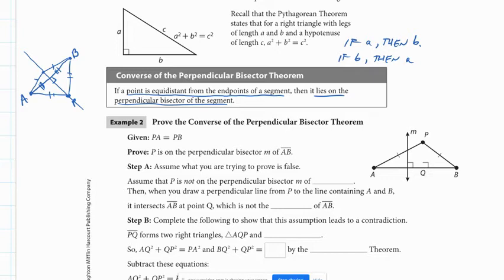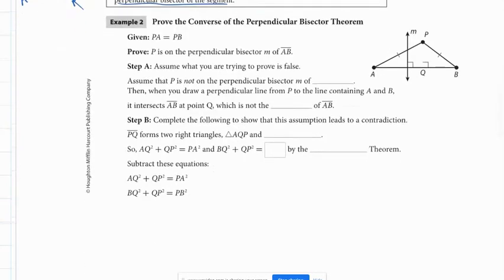But it's not true the other way around if we say, if my car gets wet, then it rained. That's not necessarily true because my car could have gotten wet by somebody spraying it with a hose, or the sprinklers got it wet, or something like that. So even though the original statement is true, taking the converse is not always true. In this case of the perpendicular bisector theorem, both the original statement and the converse are true.